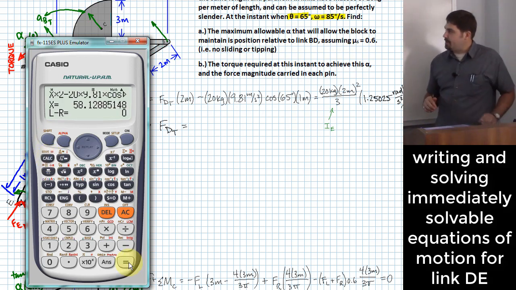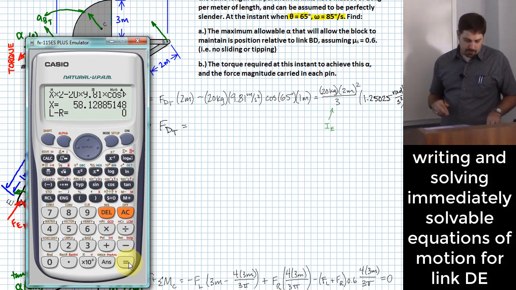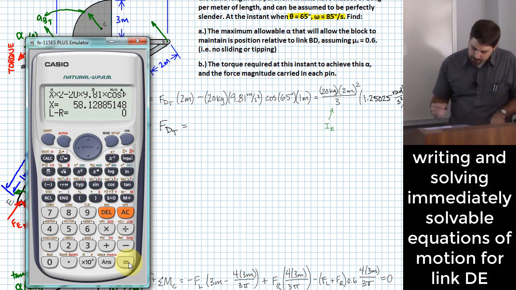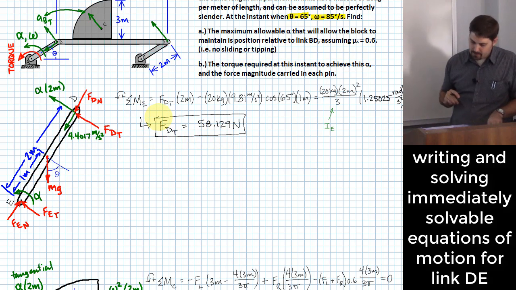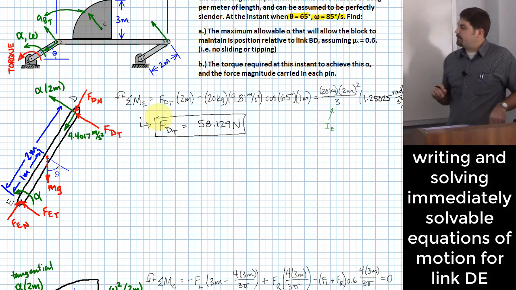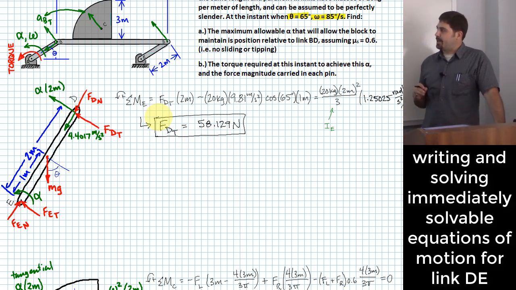And that tells me that FDT is going to be equal to 58.129, like that. All right, well, is there anything else I can get off of this free body diagram?